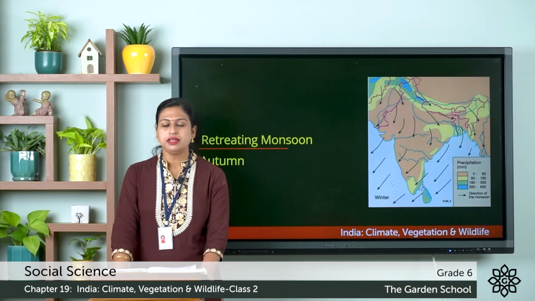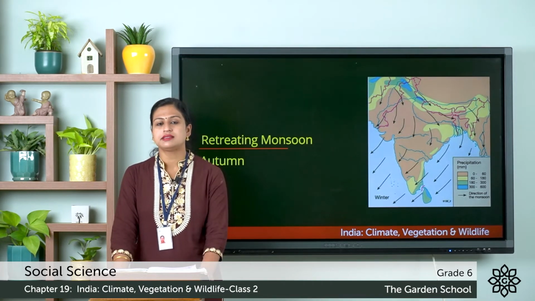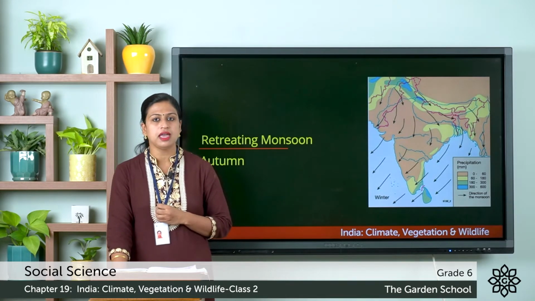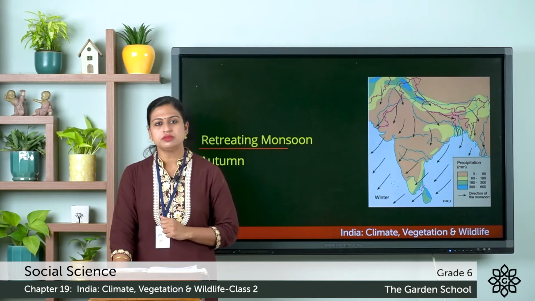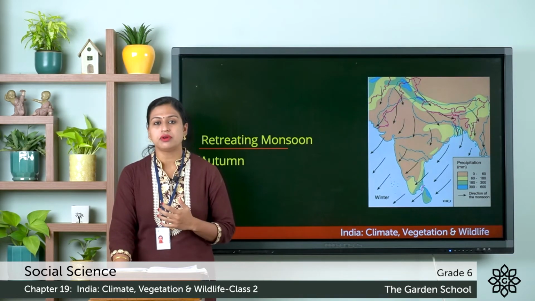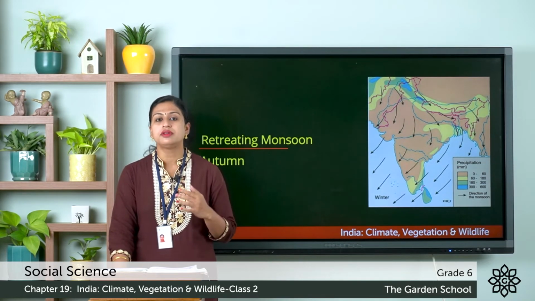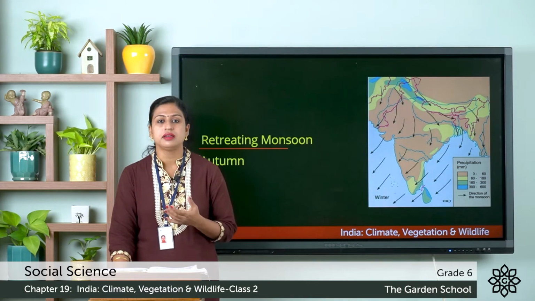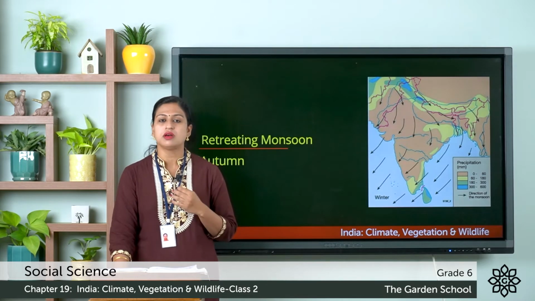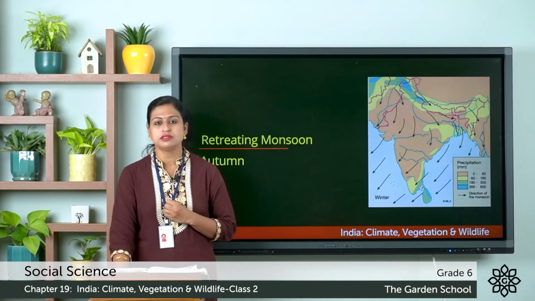The temperature in the northern plains decreases because the sun's rays no longer fall on the Tropic of Cancer. The southwest monsoon winds seem to withdraw. That is why it is known as retreating monsoon. Here the word retreating means returning, and that is why the autumn season is also known as the retreating monsoon season.